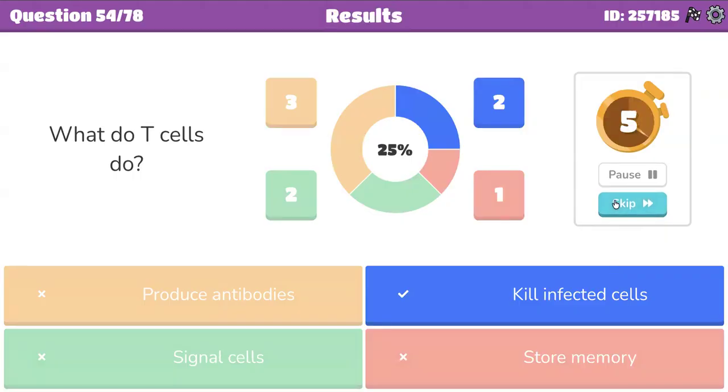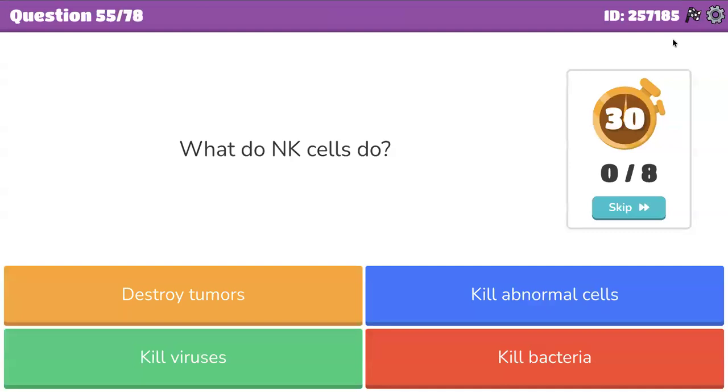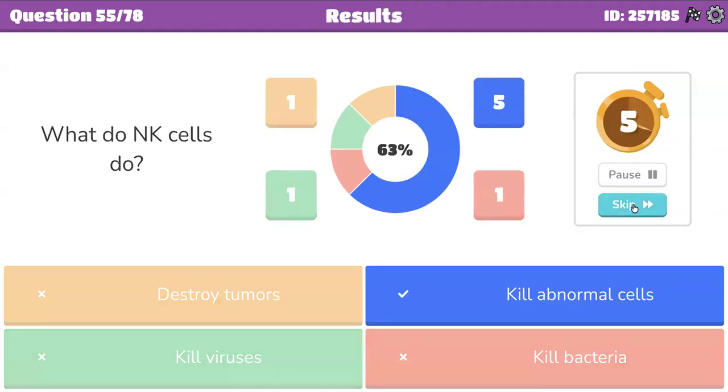Kill infected cells. What do NK cells do? Kill abnormal cells.